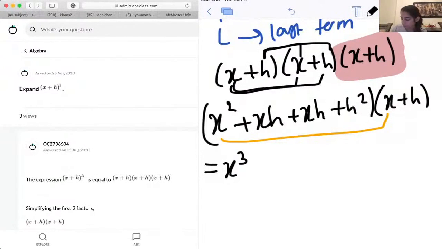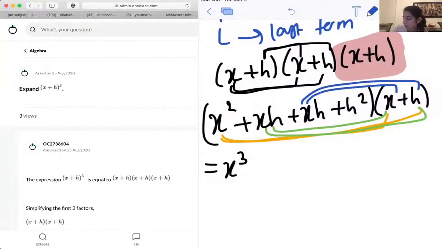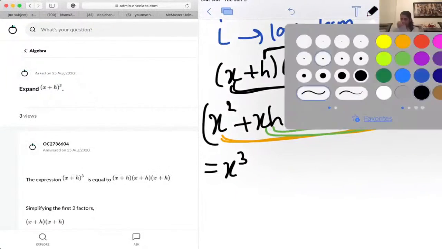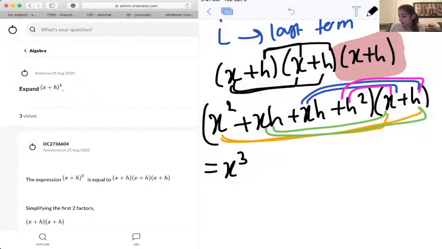So x plus x squared times h is x squared h. xh times x is x squared h. xh times h is xh squared.